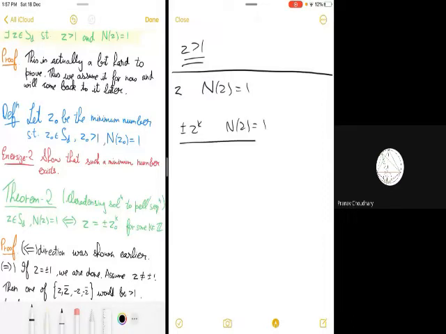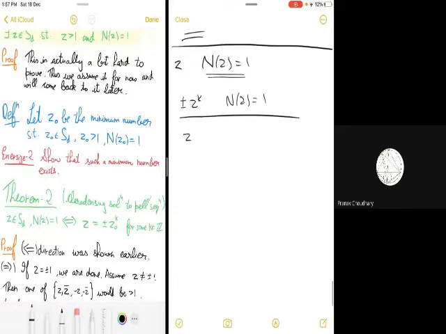Now, the natural question is, does there exist a fundamental z satisfying this alternate version of Pell? A z belonging to SD such that all w belonging to SD satisfying this alternate version of Pell are of this form.